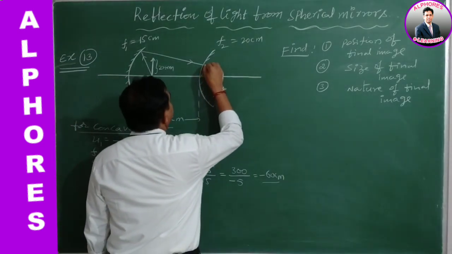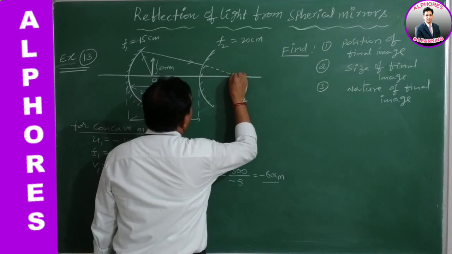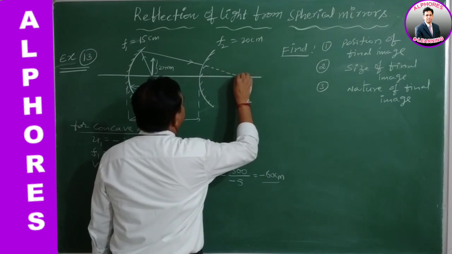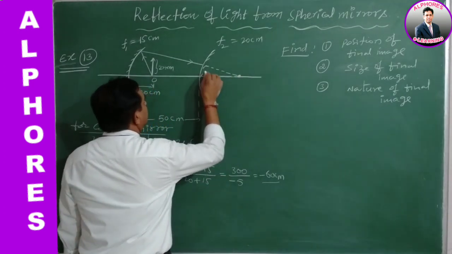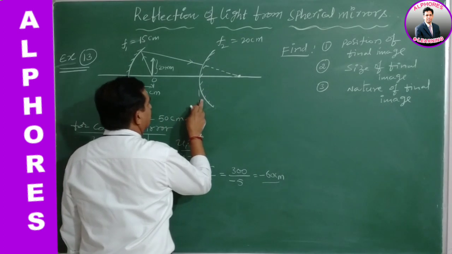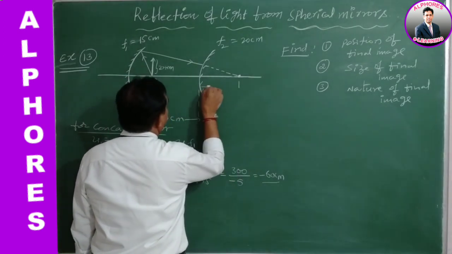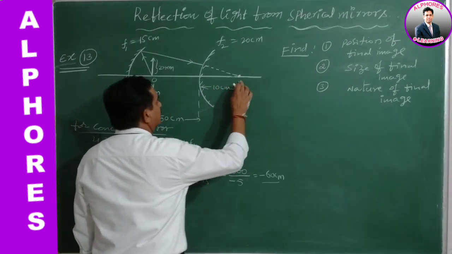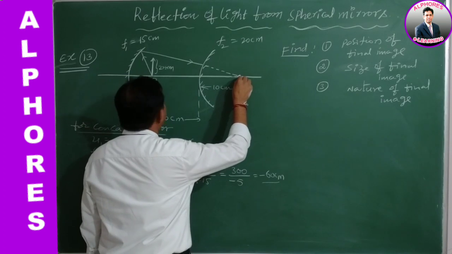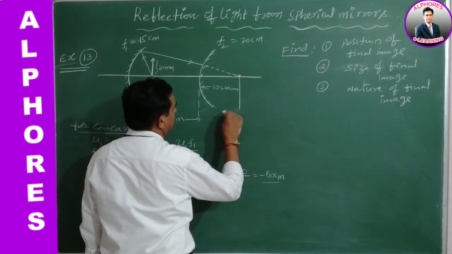Extending this, the image is formed here. From here to here is 50, and the remaining is 10 centimeters. So here a virtual image is formed.